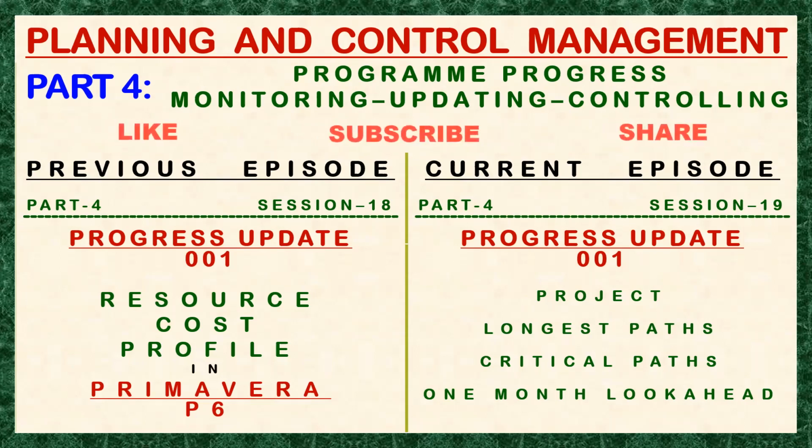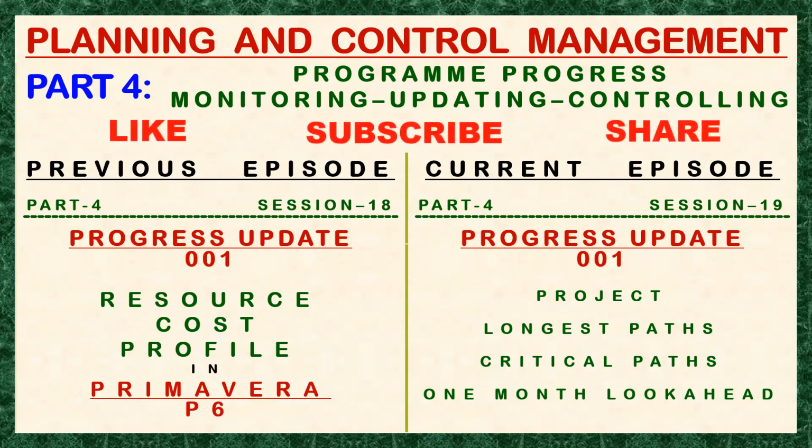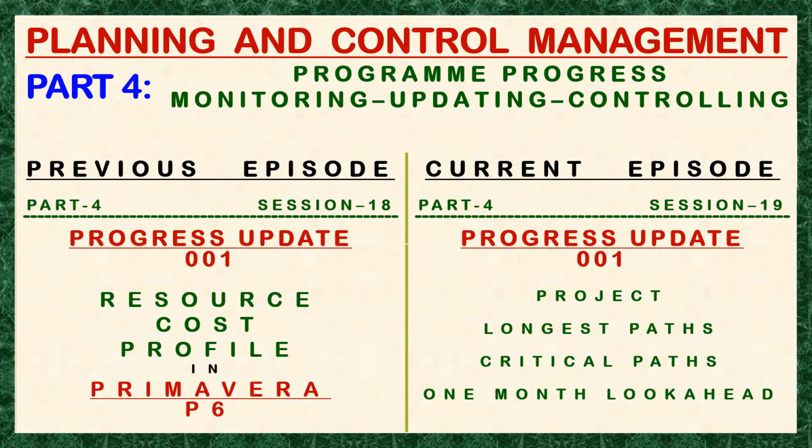Okay, so that is the purpose, that at least the look ahead schedule can give the project team the idea on how much they could have done for a particular period, let's say 1 month.